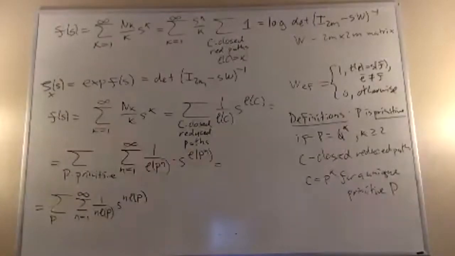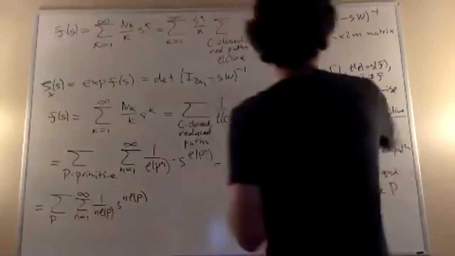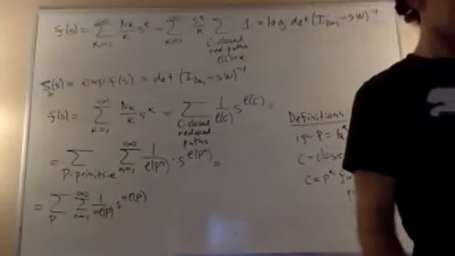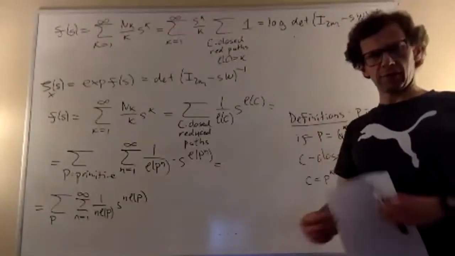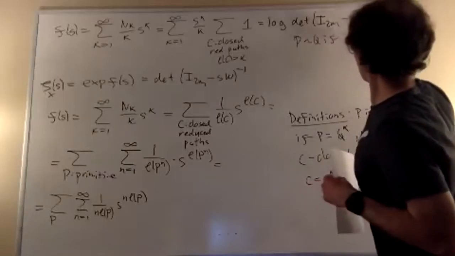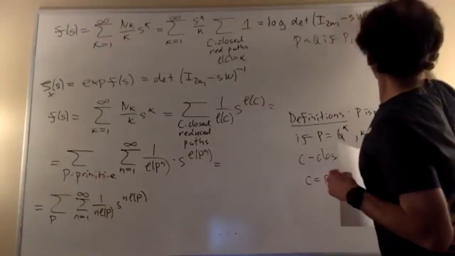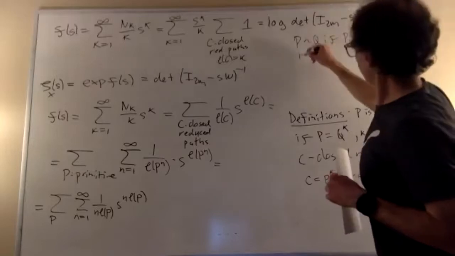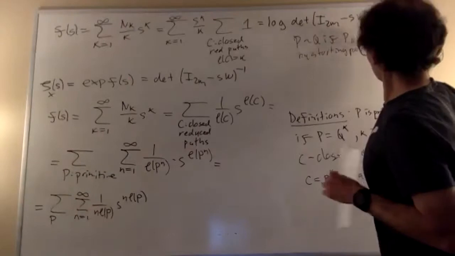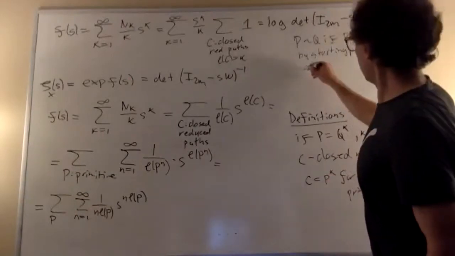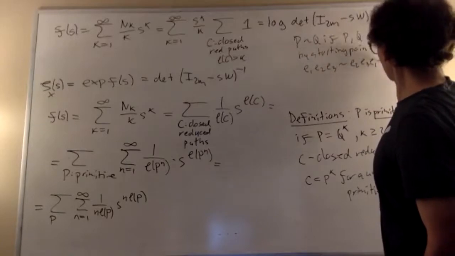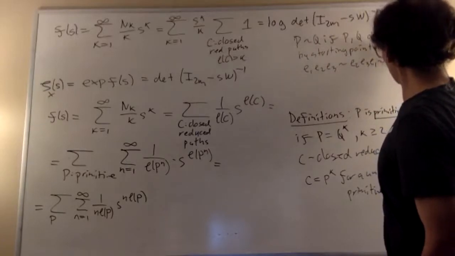Okay, and so I'm going to do one last little trick. I'm going to say that two primitive paths are equivalent if they only differ by a choice of starting point. So for example, the path E1, E2, E3 is equivalent to E2, E3, E1, which is equivalent to E3, E1, E2.